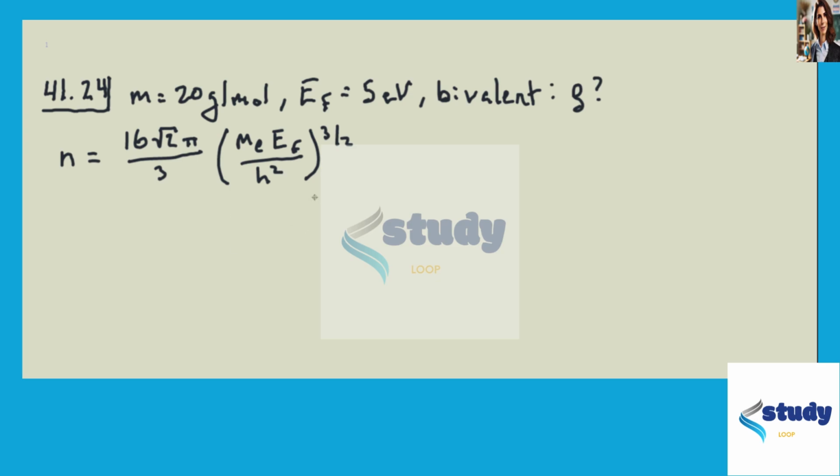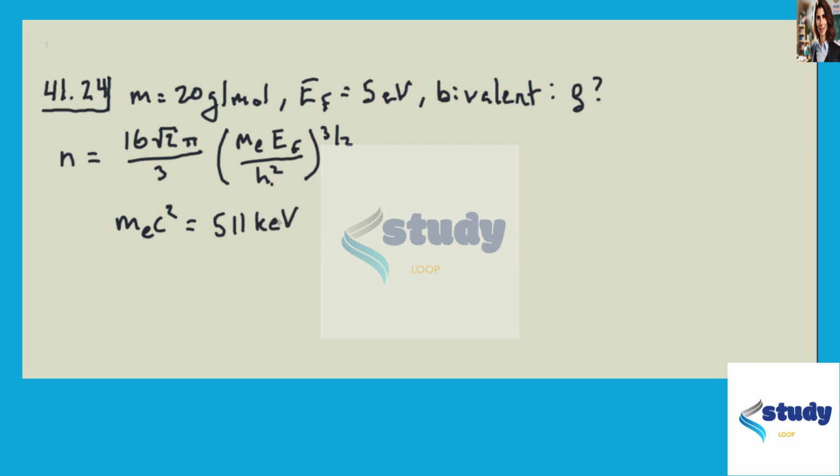Now, in evaluating this, you can just look up the numbers and put them in, but you can also multiply the numerator and denominator of this to get an MEC squared, which is one of these things you just end up remembering because you come across them so much.